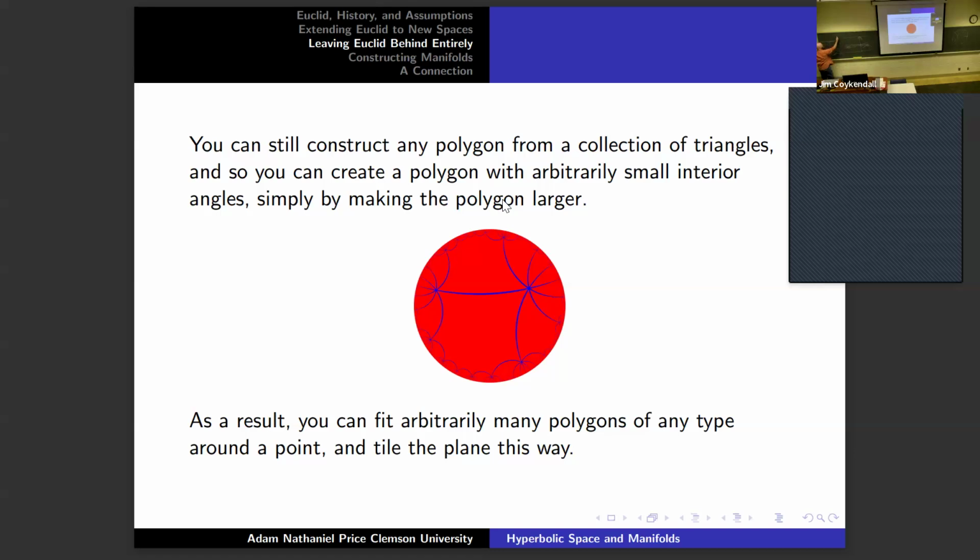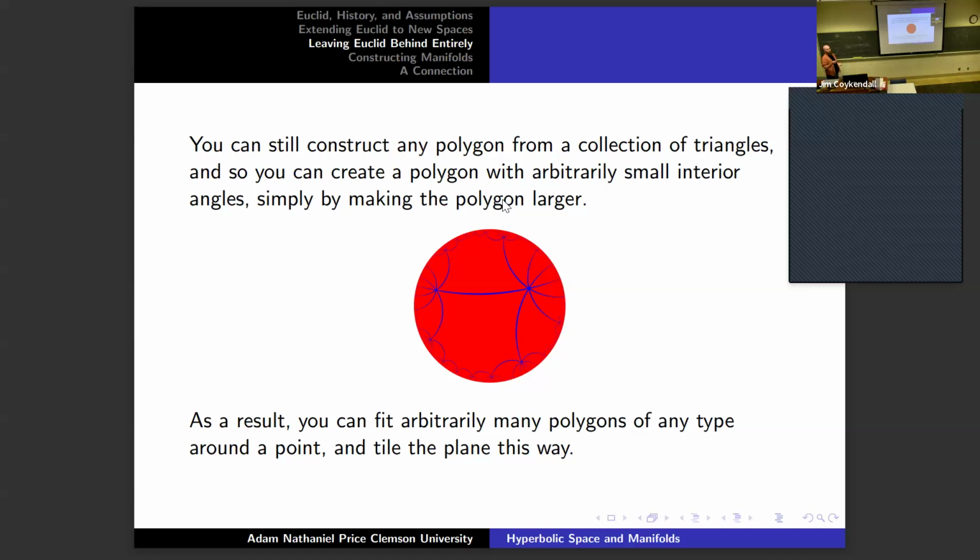So now for any point, I can fit arbitrarily many squares around that point. These are all squares. It's weird to think about, but these are squares in hyperbolic space, because I've made them so large that the angles are small enough that I can fit this many now. Does that make sense? I would not be surprised if it didn't make sense, because this is an alien concept: the idea that a square doesn't have to have right angle corners.